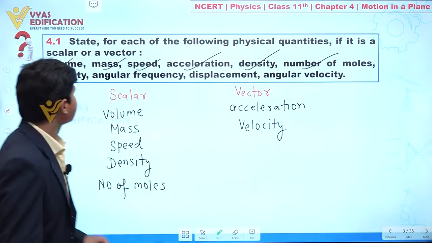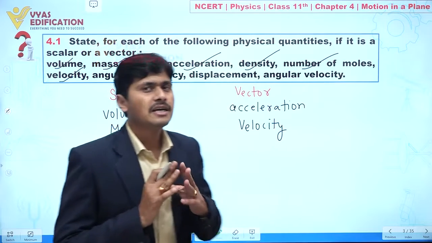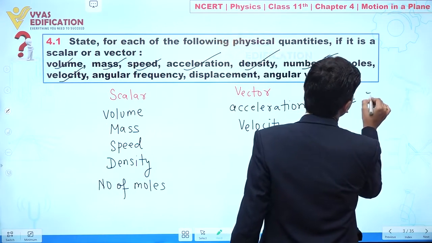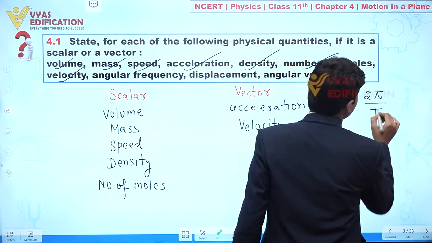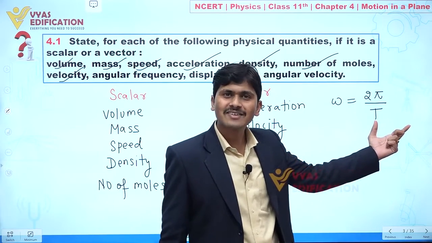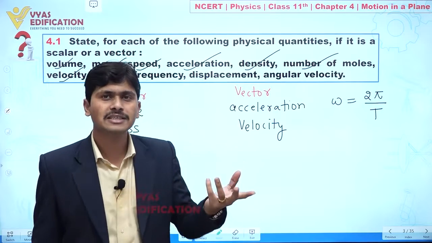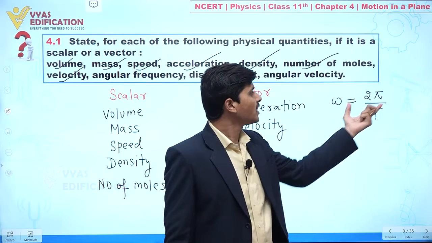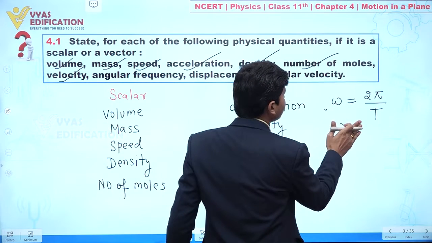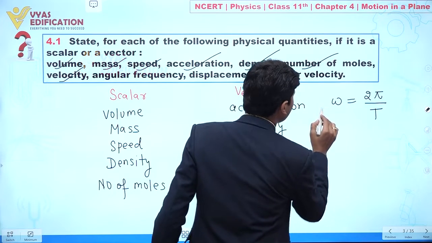Now if we talk about angular frequency, if you know the formula of angular frequency, it is written as 2 pi by T. Time is a scalar quantity, and 2 pi is an angle having the unit radian.